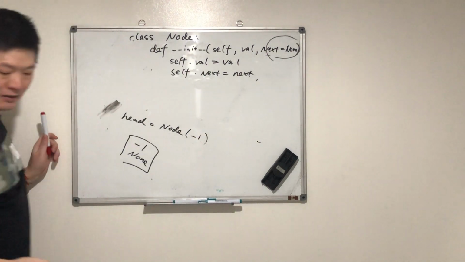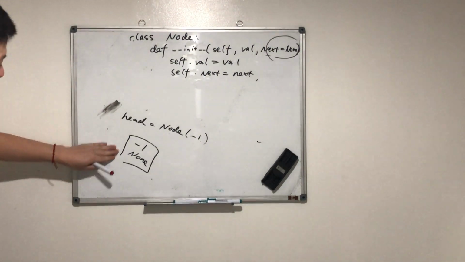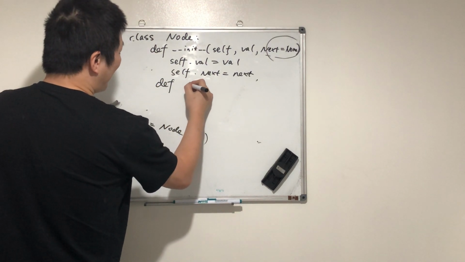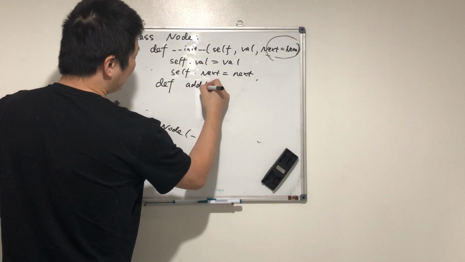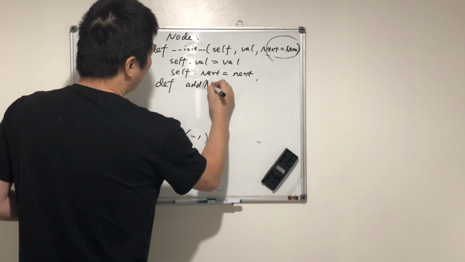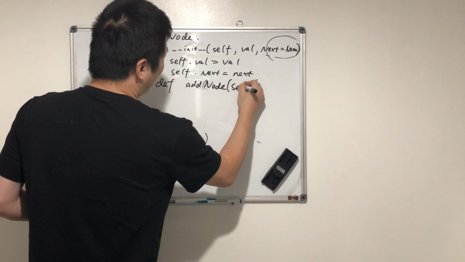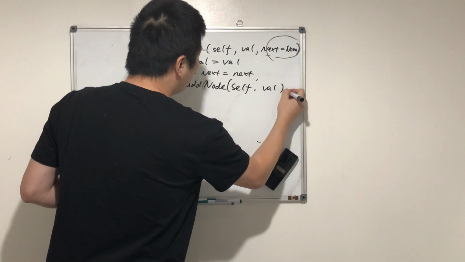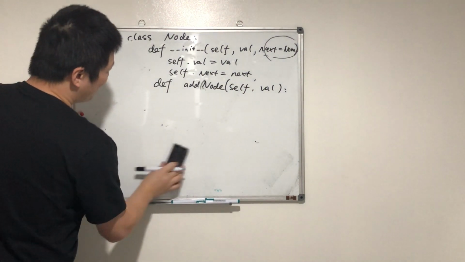So P equals head. Not yet. So now we can define another one called add_next, with a node value. Now what does it mean?